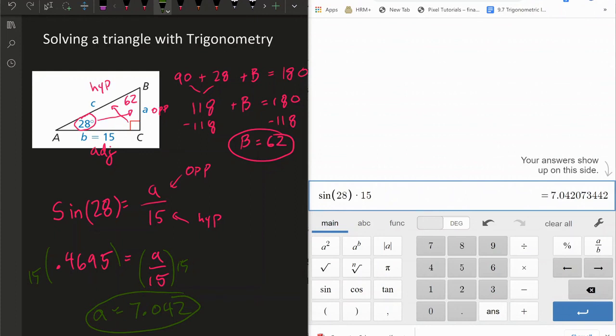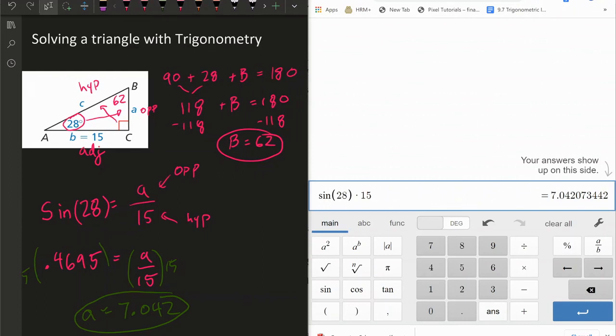Now, I still need to solve for the third side, the hypotenuse. So now that I have two sides, I have a choice. I could use trigonometry again, or I could use the Pythagorean theorem. I'm going to choose to use trigonometry again, just because that's the new skill that we're learning.